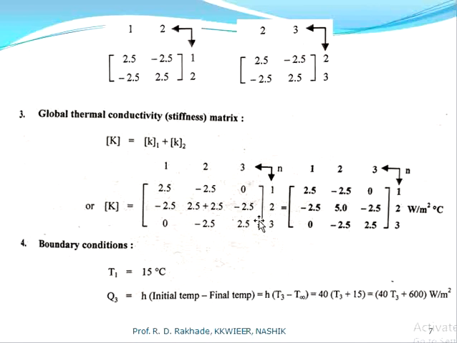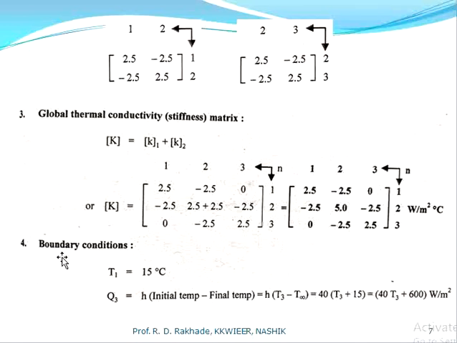So likewise you just put values here. Suppose 3 3, we can put the respective value at the 3 3 position. In this way we can put all values in their respective positions, and in this way we can create the global thermal conductivity stiffness matrix.